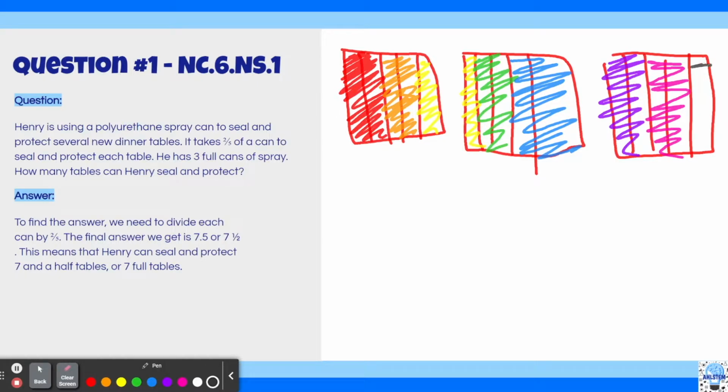And our half of a table. So using the shading method, we can actually see that there will be exactly 7.5 tables shaded in. And that was problem number 1.